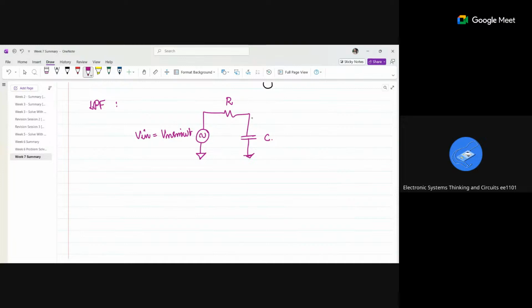We are going to derive an equation for Vc of t. And it will be a big derivation. Do you want me to go through the derivation, or do you want to know only the final formula? Okay, you want only the final formula. What about others? Okay.